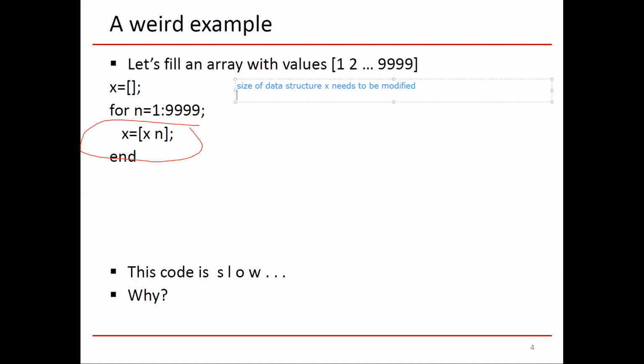You need to create a new data structure, X prime, temporarily, and we copy the contents of X to X prime, and X prime is larger, okay? And because it's larger, it has room for n, the new element.